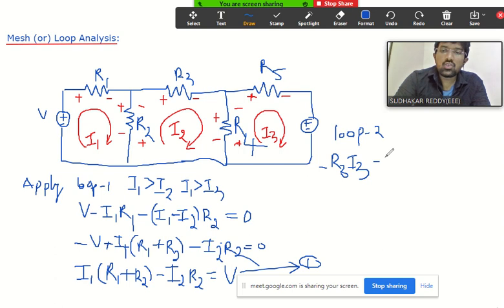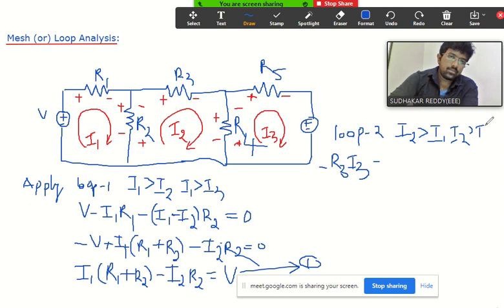Because we are writing KVL for the second loop, so the second loop current must be greater than the remaining currents. This is the assumption again: I2 is more than I1, and I2 is also more than I3. Understood?